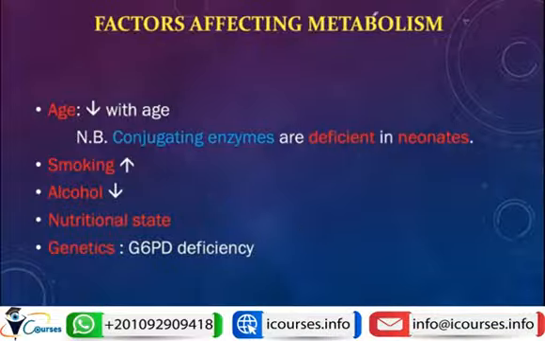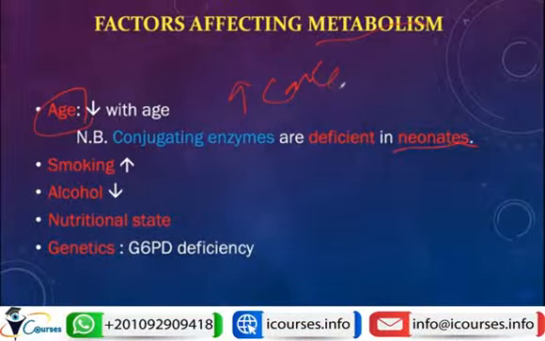Other factors that control the metabolism include age. The conjugating enzymes, for example, are not very well developed in neonates, so they will not be able to metabolize drugs in early neonatal life, leading to decreased metabolism and increased drug concentration.